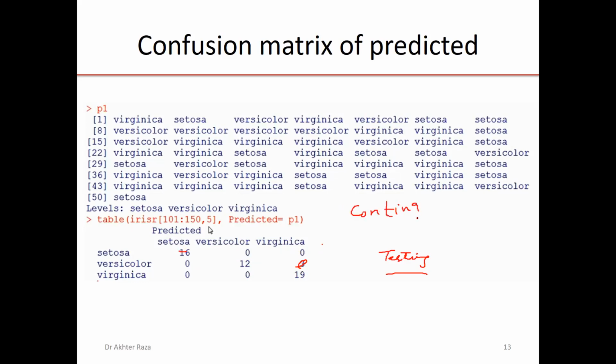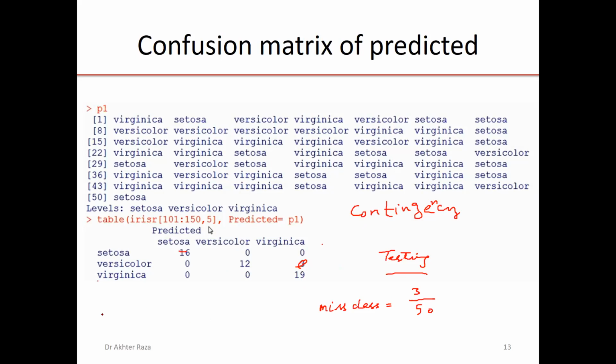Contingency table of 2 factor variables. So this contingency table has a misclassification rate. The misclassification rate is what? Misclassification is equal to 3 divided by 50. So this is the misclassification rate.